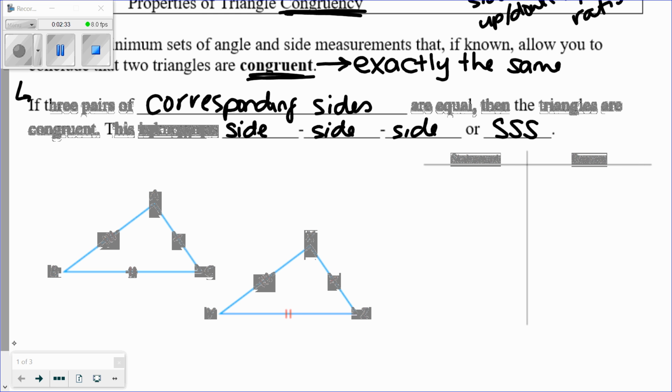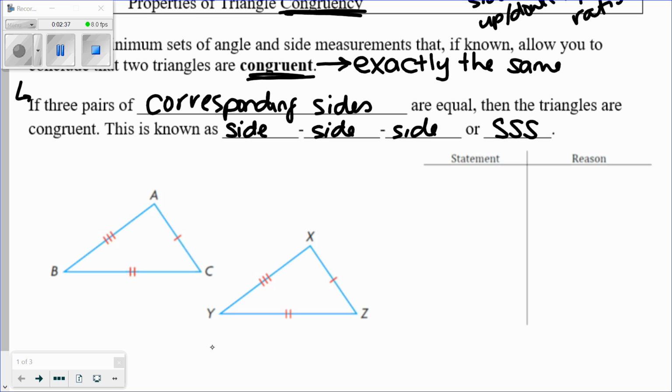So you see I don't have any actual measures. So yeah, I could probably use my little clipping tool and measure this out and lay it on top of this one and see if it's exactly the same. But we know I'm not technologically advanced, so we actually have pieces of information that would help me. So what I see is line segment AC in triangle ABC is the same length as side length XZ.